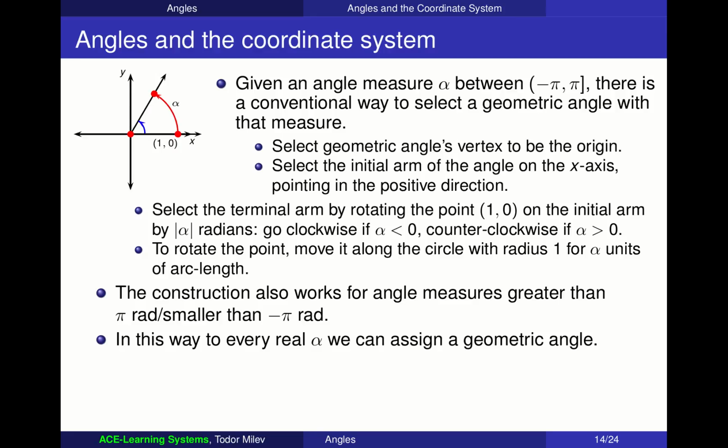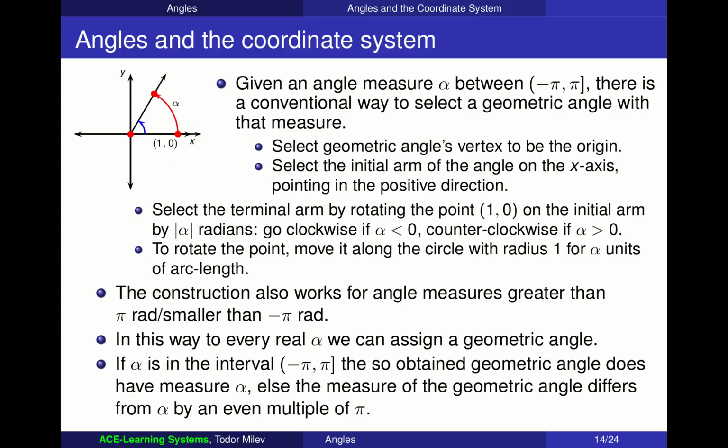In this way, for every real number alpha, we can assign a geometric angle. If the starting number was in the interval from negative pi to pi, the geometric angle obtained does have the same measure as that original number alpha.